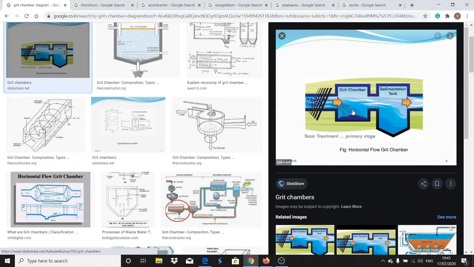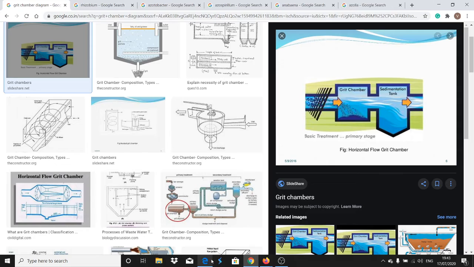You can observe lots of coarse particles in this diagram which are completely visible. Because of the gravitational force, they get settled down. After this settling, from the grit chamber the sewage moves forward to the next stage, the sedimentation tank.